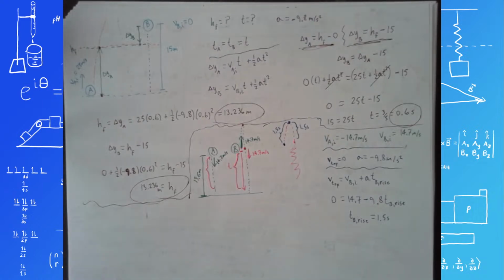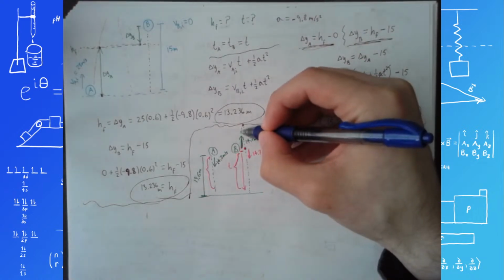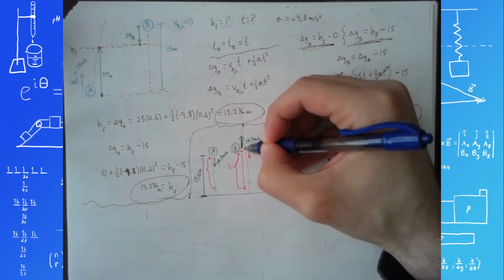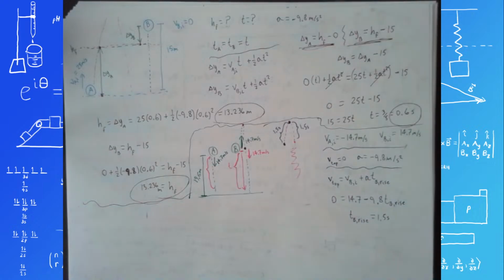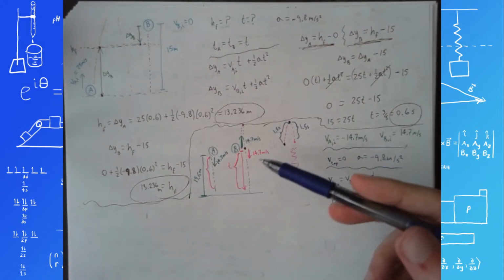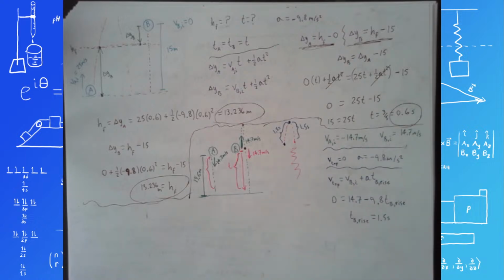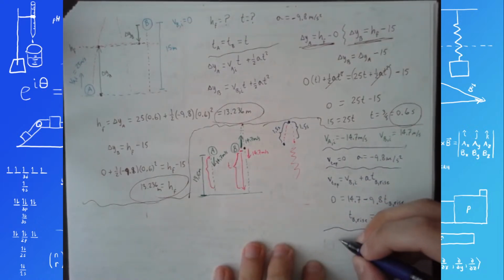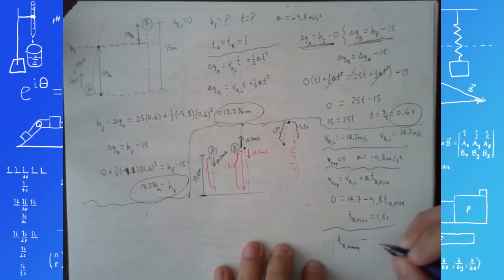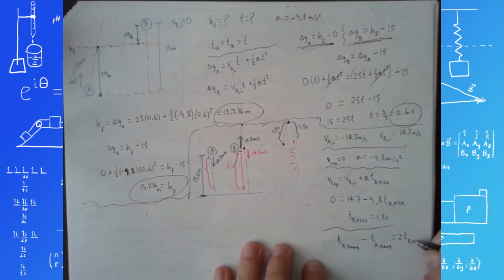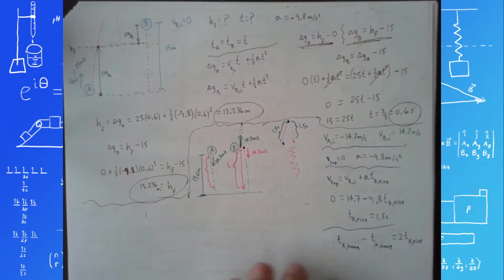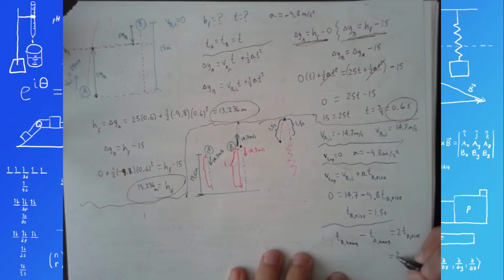So the total time that ball B spends traveling in the air that ball A doesn't spend, the total difference in their time, is that ball B is going to take 3 seconds longer in the air compared to ball A. So TB hang, the total hang time of ball B, minus the total hang time of ball A is just going to equal 2 times TB rise, which equals 2 times 1.5, equals 3 seconds.